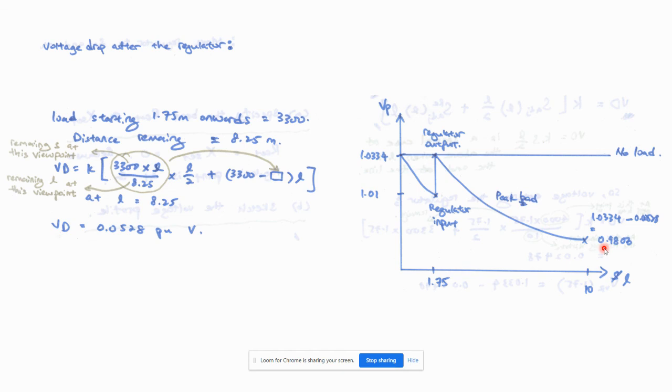Therefore, I need to perform active regulation, meaning that I need to perform some sort of R and X settings so that this output of the regulator is somewhere higher over here, and when the drop happens, it is dropped above the required minimum voltage. All right, so I continue that in the next video.